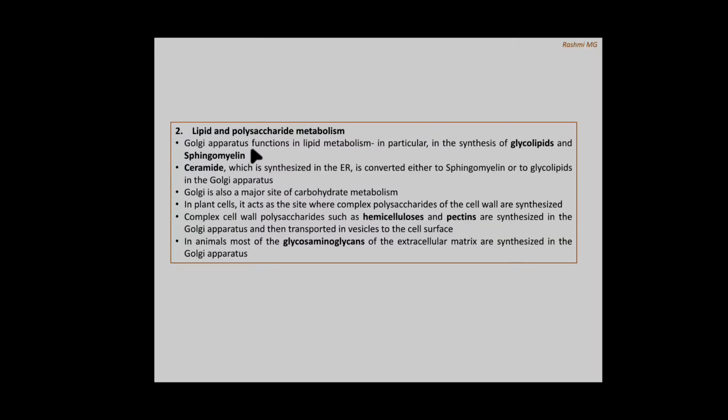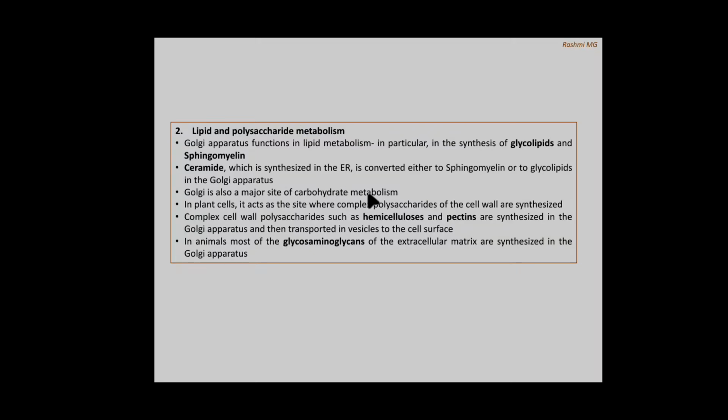The components of the plasma membrane are made up of glycolipids, cholesterol, integral proteins and extrinsic proteins. So these are very essential for formation of the plasma membrane. Ceramide, which is synthesized in the ER, is converted either to sphingomyelin or to glycolipids in the Golgi apparatus.